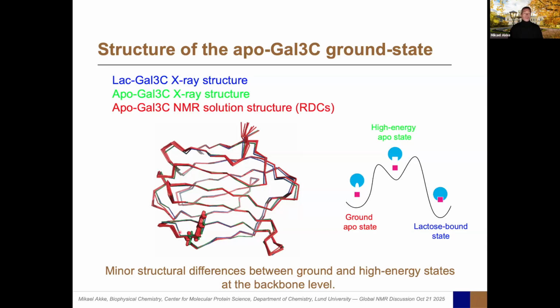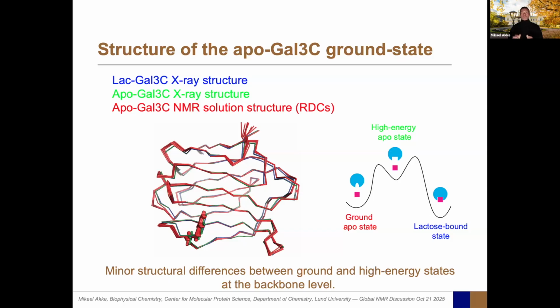Blue is the backbone trace of the apo state. And you see again, like I pointed out before, the blue and green superimpose almost perfectly here. Whereas the red, the ground state apo in solution, deviates a little bit. And again, the binding site is here where I show with the laser pointer.